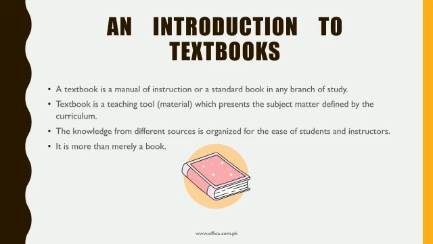It is basically an organized system of knowledge. The knowledge from different resources is gathered together and organized for the ease of students as well as for the instructors. And your textbook is more than merely a book.